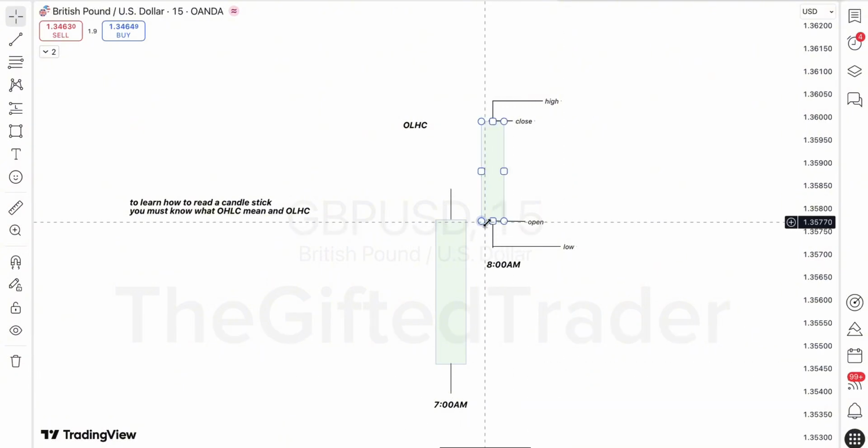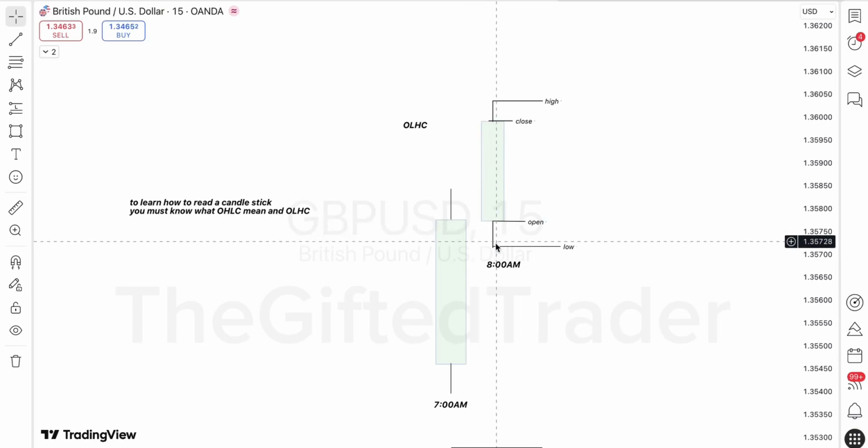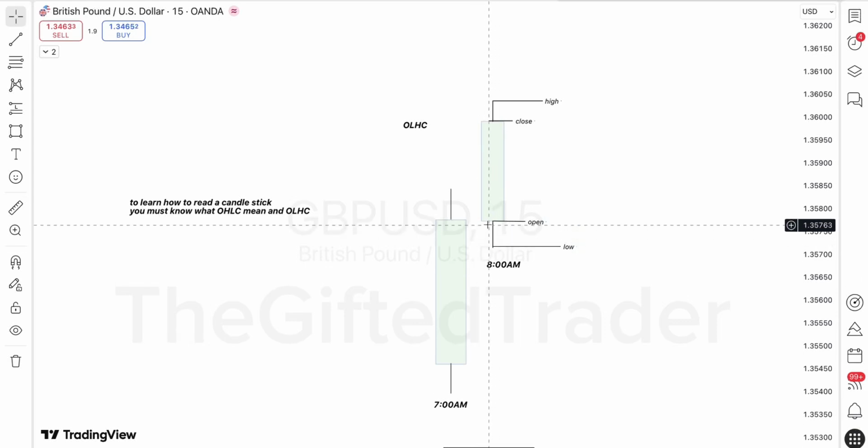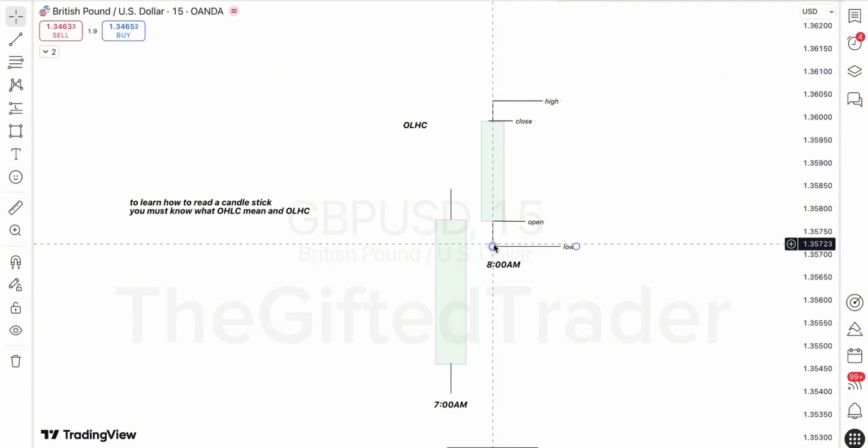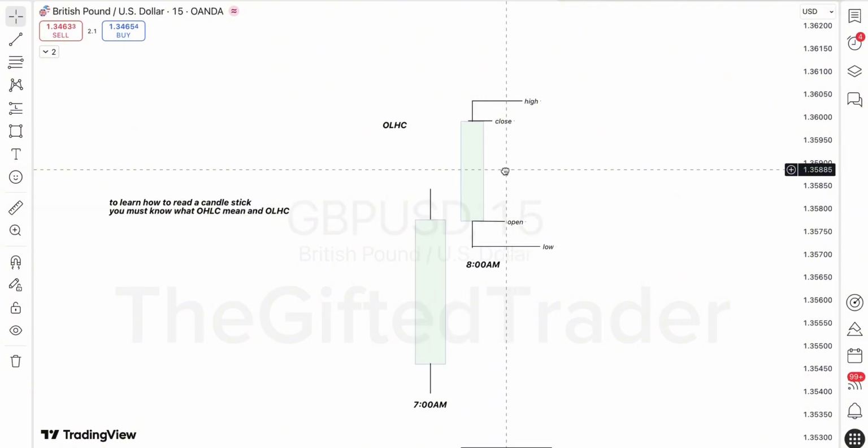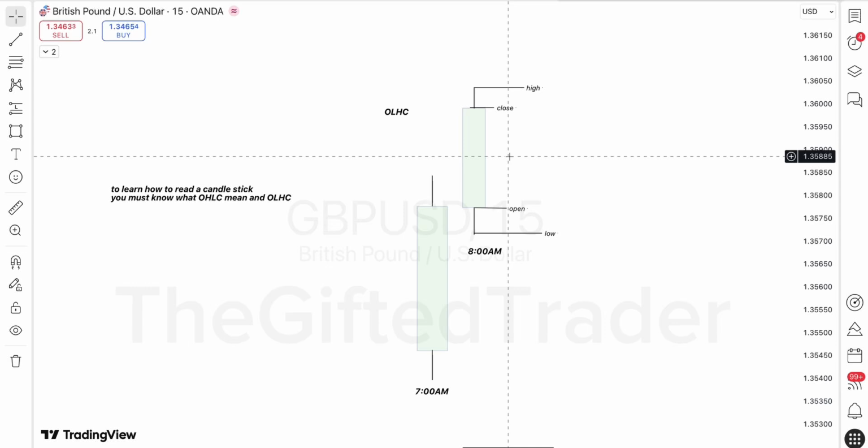When price opened here, price first of all sold down. You'll see a bearish candlestick here, then it went back up. I want you to write this down: majority of the time when a new candlestick forms, price goes the opposite way before going in the real direction. That is, price manipulates first.